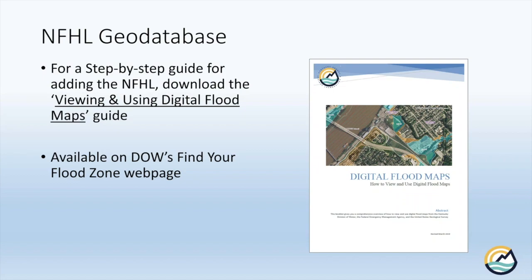Since this is an introductory webinar, I don't want to go too much into it because the National Flood Hazard Layer tends to be for power users of the maps instead of more introductory ones. So I'm not going to show a demo on this one, but like I said, if you want more information, it's out there. Get a hold of me. I'm happy to help provide it to you.